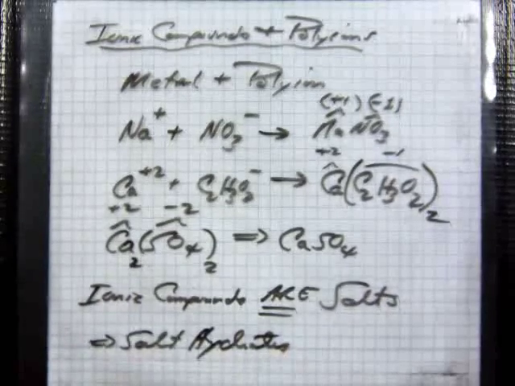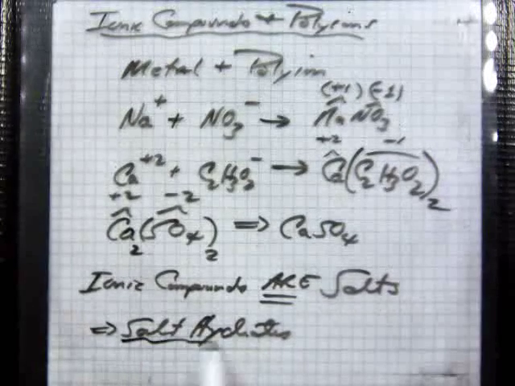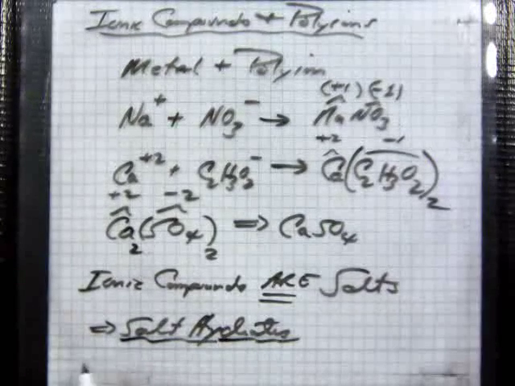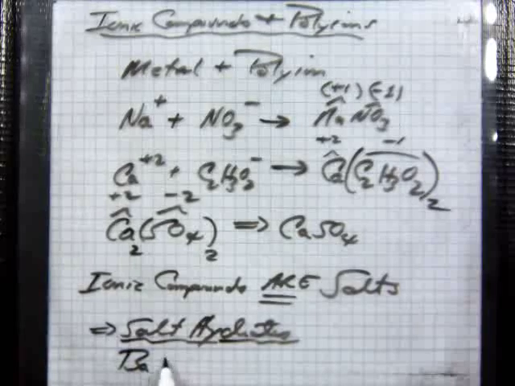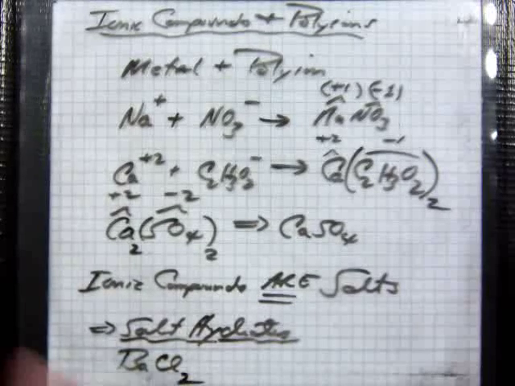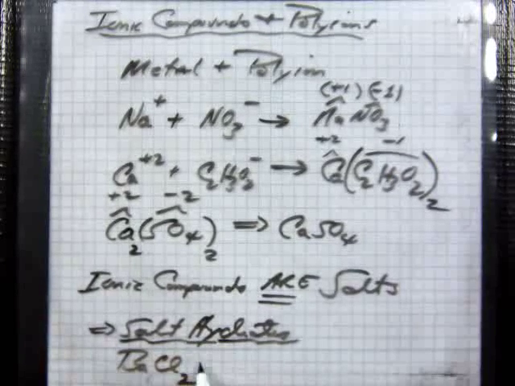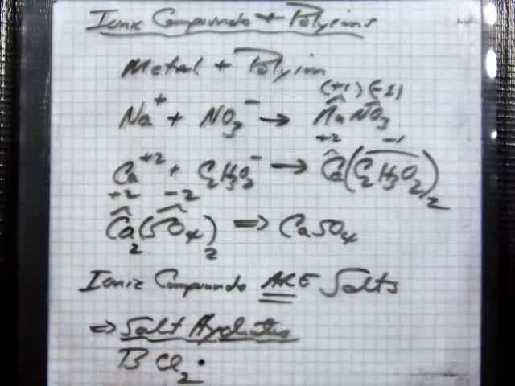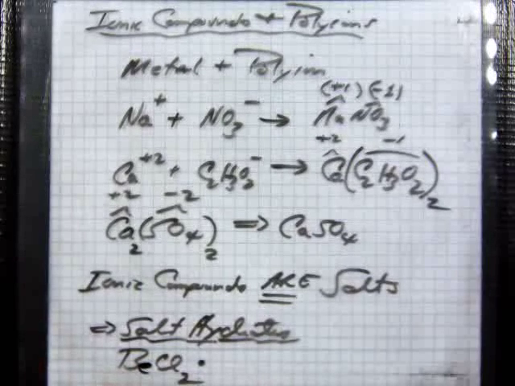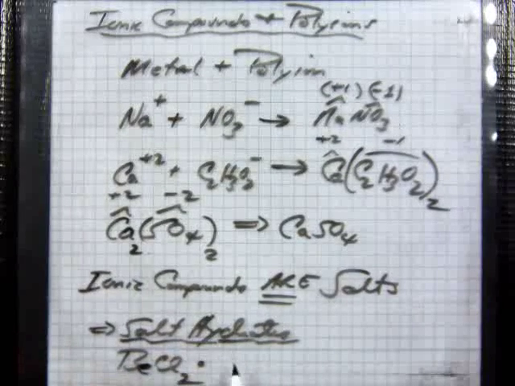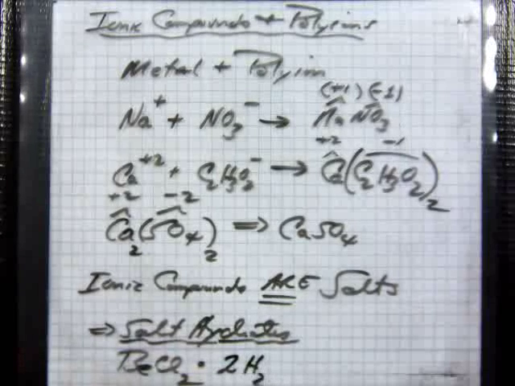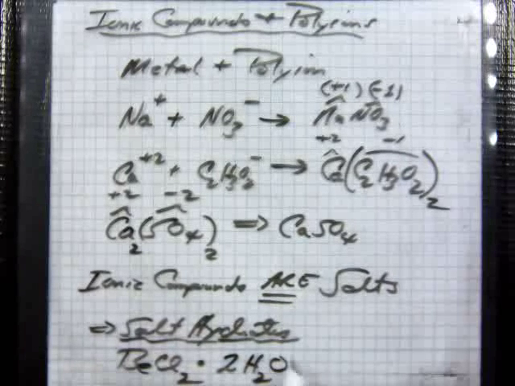So what you can have in a salt hydrate is, say, barium chloride. No, it's beryllium, I'm sorry. Let me take that back. It's beryllium chloride. And it will attract two water molecules. This is what we refer to as a hydrate, salt hydrate, or just simply a hydrate.